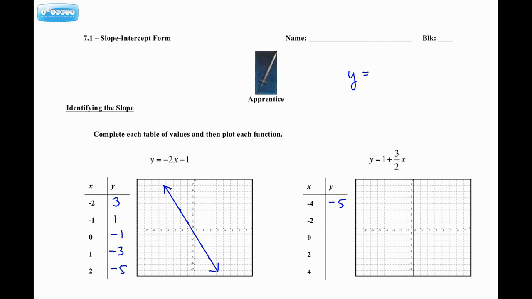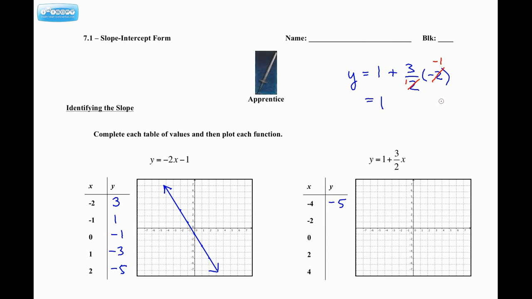Do that here. So we have 1 plus 3 over 2, and we have x. That's now negative 2. Okay, so let's work this out. This is 1. And we can simplify all this stuff here. So we know that negative 2 divided by 2 is going to give us negative 1 over 1.